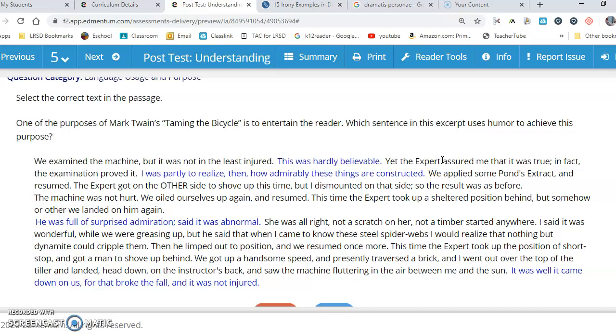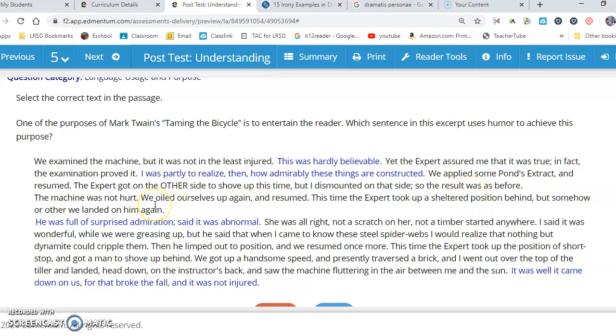So if you read this passage, we examined the machine, but it was not in the least injured. This was hardly believable, yet the expert assured me that it was true. In fact, the examination proved it. I was partly to realize then how admirable these things are constructed. We applied some Pond's extract and resumed. The expert got on the other side to shove up this time, but I dismounted on that side, so the result was as before.